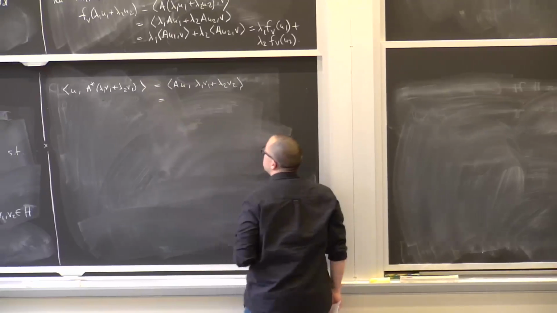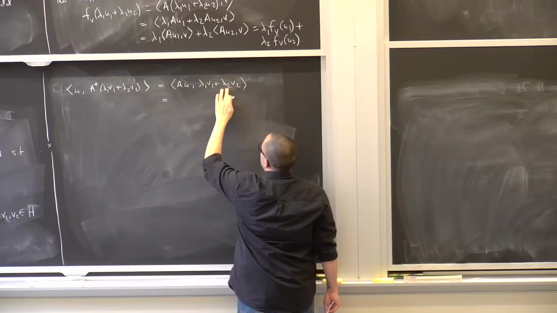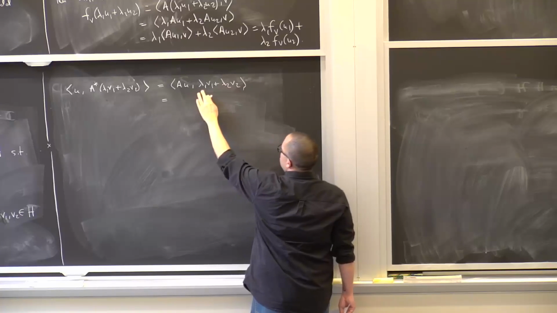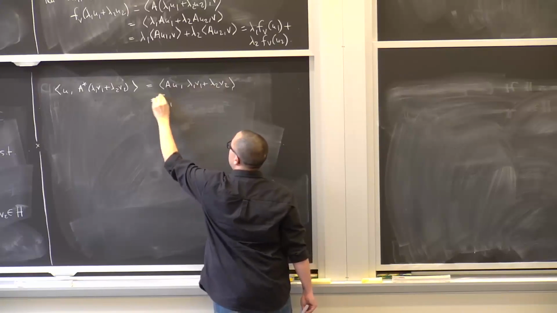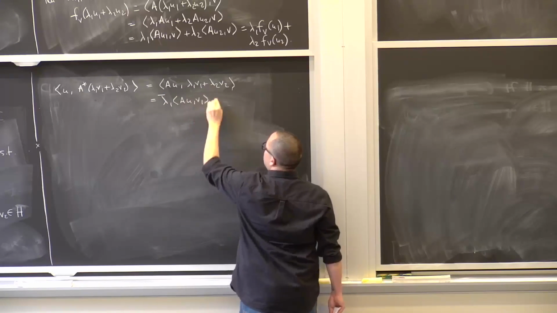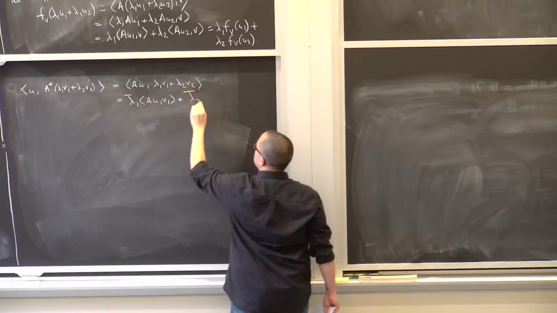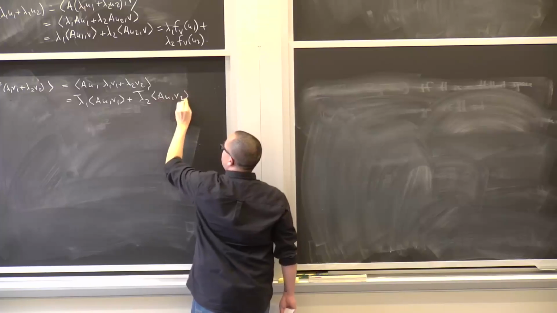And this is equal to, first off, the inner product is conjugate linear in the second entry, so this is equal to lambda 1 complex conjugate times (Au, v1) plus lambda 2 complex conjugate times (Au, v2).